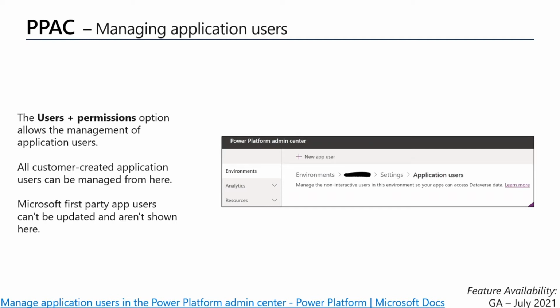From this screen, you can easily create an unlicensed application user for your environment. This application user will be given access to your environment data on behalf of the user who is using the application. All custom created application users can be managed from here directly.